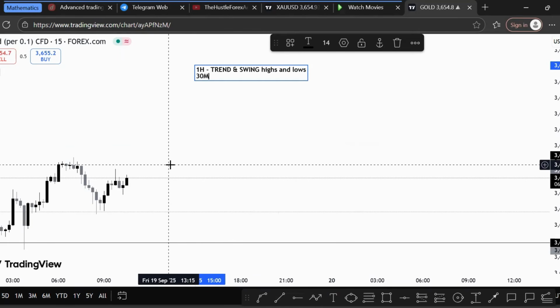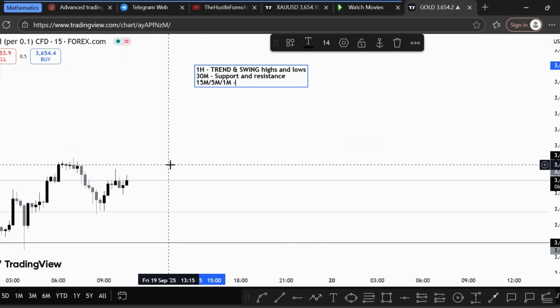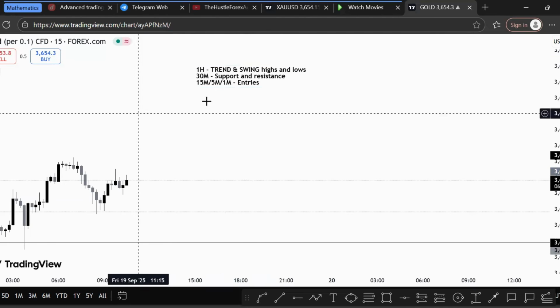Then the 30 minute to get support and resistance levels. And then the 15 minute, 5 minute, and 1 minute for entries.